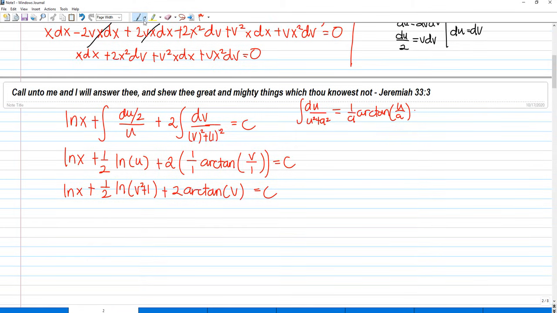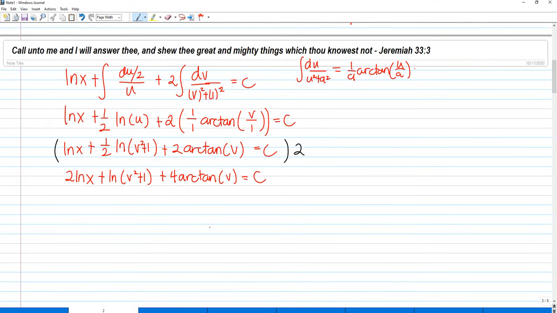So I could simplify this term so that I can eliminate 1/2 by multiplying both sides by 2. So we have 2 ln of x plus ln of v squared plus 1 plus 4 arctan of v equals 2c, or c. That is still equal to a constant.